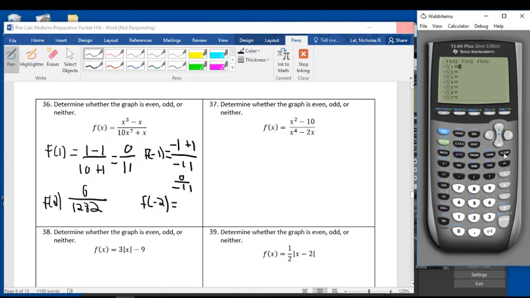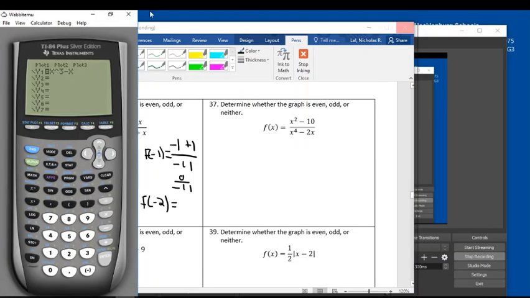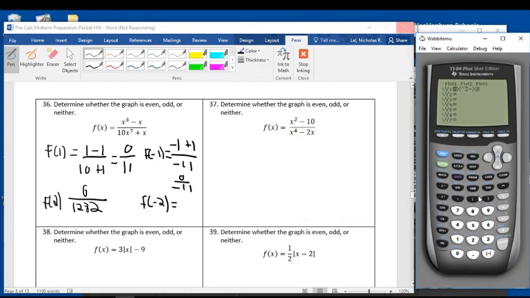While this is not responding, I can plot the table here. x cubed minus x, let's put it all in parentheses here.